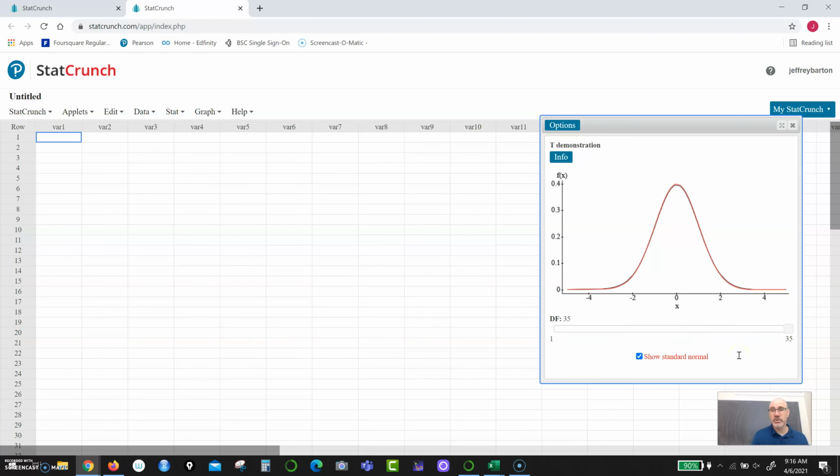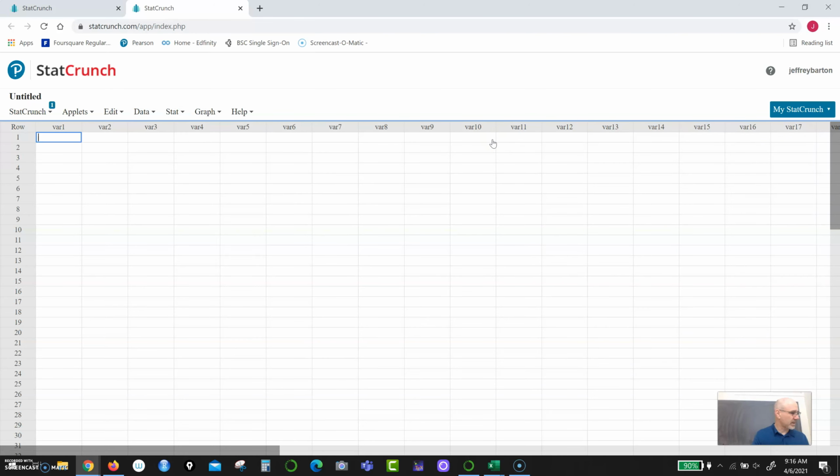It's really hard to visually distinguish the two. So t-distributions, right, there's one for every sample size, and they're still symmetric, bell-shaped, but they have fatter tails than the standard normal.